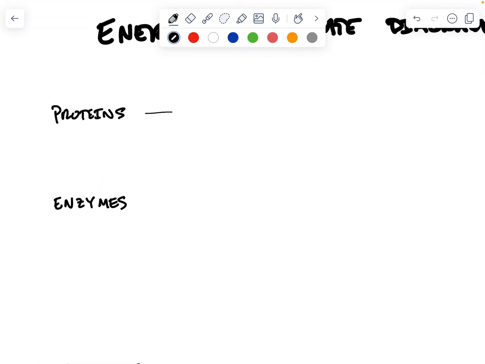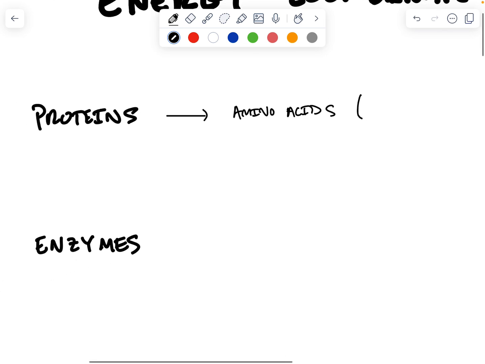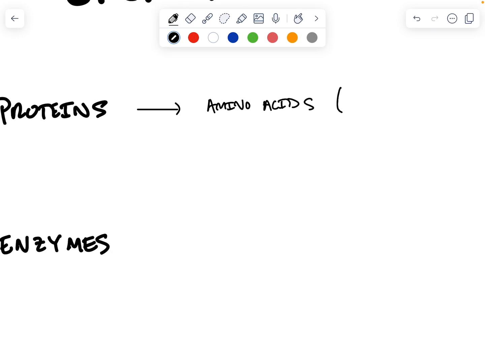Okay, well, you all know proteins. What are they made of? Their monomers are amino acids. There are 20 different types of amino acids. 8 of them are essential, meaning you have to eat 8 of them. These are the monomers.